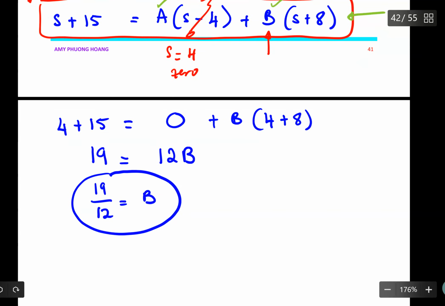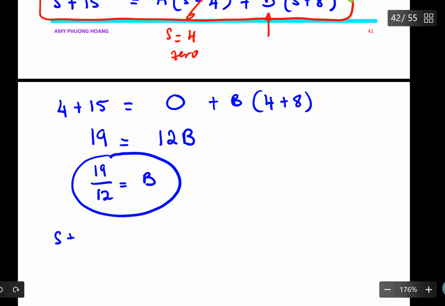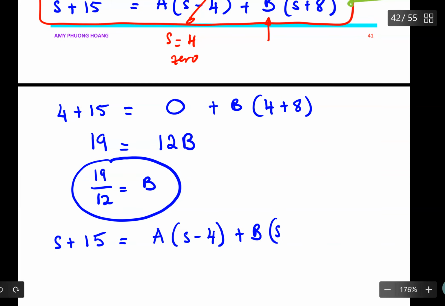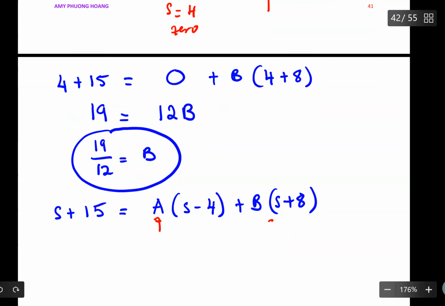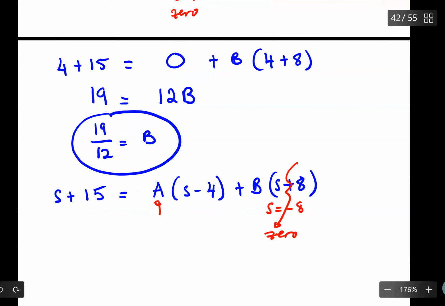So let's circle that. The next step is, let's rewrite our statement. s plus 15 equal to A times s minus 4 plus B multiplied by s plus 8. So this time I want to solve for A. So I'm going to let s equal to negative 8 so that I can eliminate this term. So this one becomes 0.